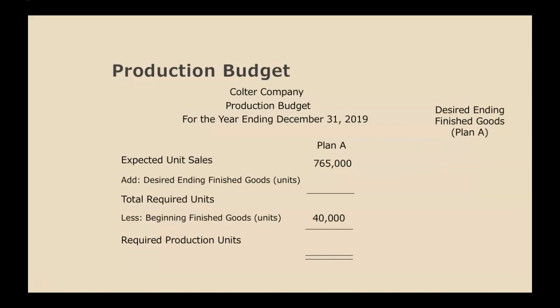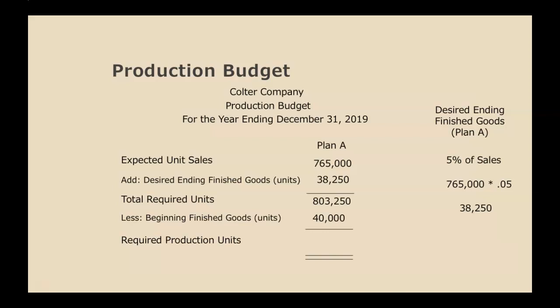So let's just look at the desired ending finished goods for Plan A right now. We were told that under Plan A, we want our desired ending finished goods to be 5% of sales. So we take our expected unit sales, multiply it by 5%, and we get 38,250.